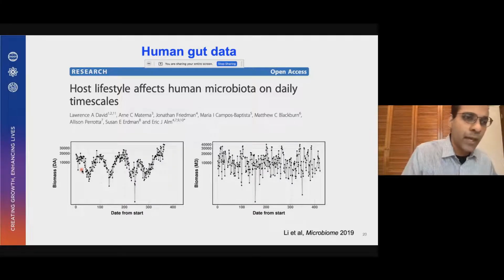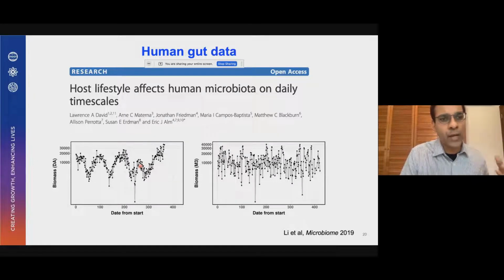So one of them is that even with these 2 individuals, we see 2 different trajectories for biomass. And this sort of measurement of biomass, how many microbial cells are in a certain gram of stool over many days, almost a year, has not been done before. And we noticed a nice cyclical pattern in one of the individuals, almost a seasonal pattern.